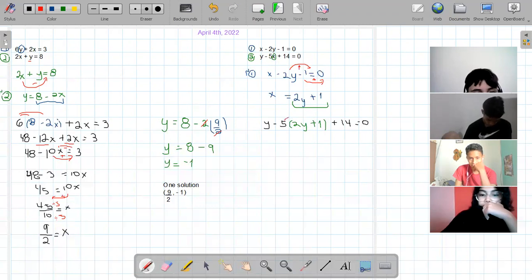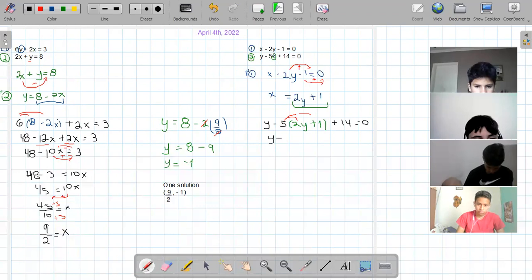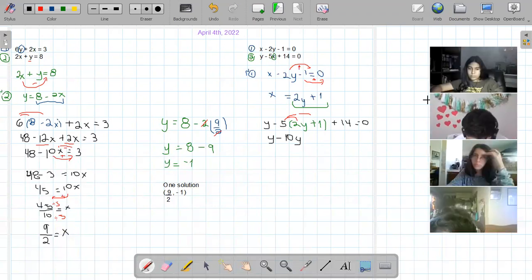I'm going to do the distributive property over here. And I'm going to have now y, -5 times 2y, negative 10y. -5 times +1, -5. -5 plus 14 equals 0. As you can see, I have like terms that I can simplify, the y and the -10y, and the -5 with the 14.